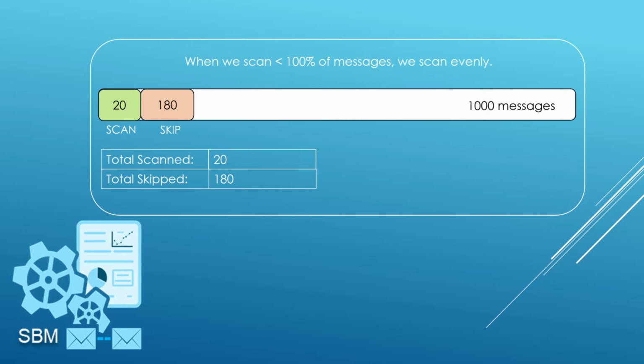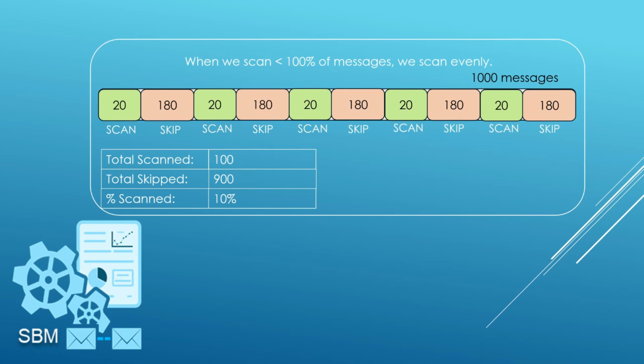It would jump sequence numbers from the maximum retrieved plus 180. It would scan another 20, then repeat the same action until all messages are scanned. In this way, it would have scanned approximately 100 messages, skipped 900 messages, and scanned evenly through the entire queue.